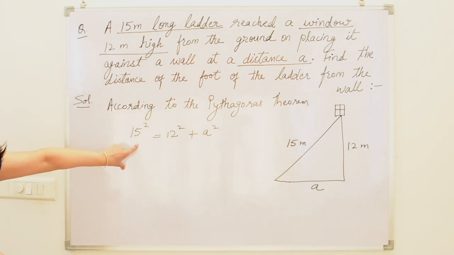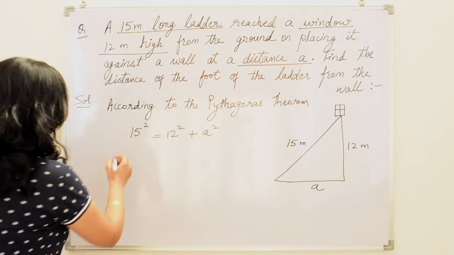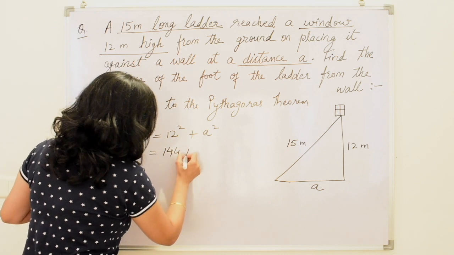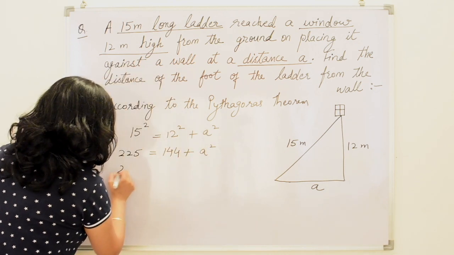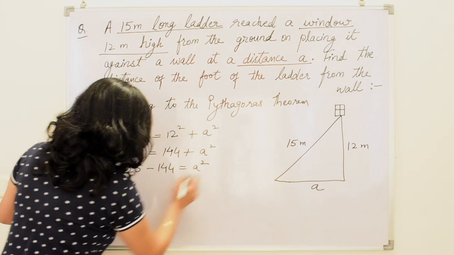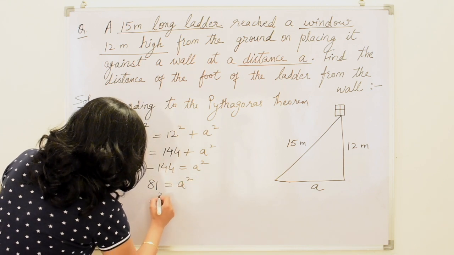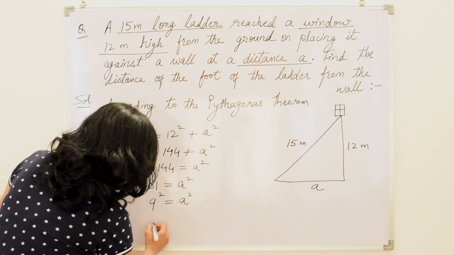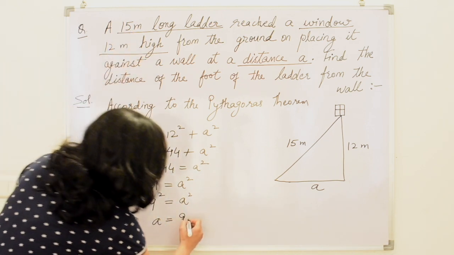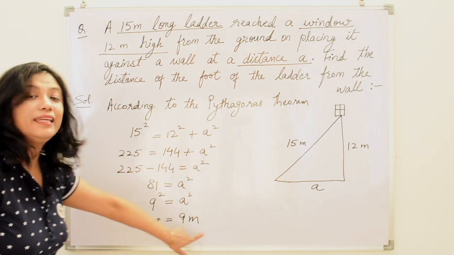Square of the hypotenuse is equal to the sum of the squares of the other two sides. This becomes a is equal to 9. Our unit is m. That means the distance between the ladder and the wall is 9 meters.